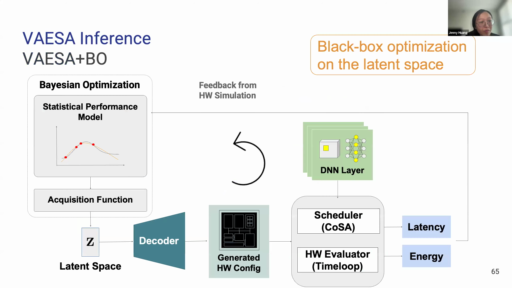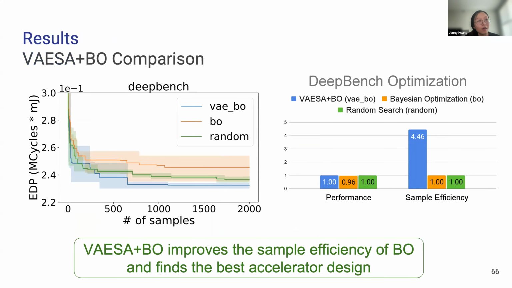With that, we show that if we perform Bayesian optimization on this latent space with the VAE, compared to Bayesian optimization on the original space, it converges much faster and also outperforms random. Bayesian optimization on the original space does not outperform random, as it creates some bias with not enough sampling if we only use Bayesian optimization.